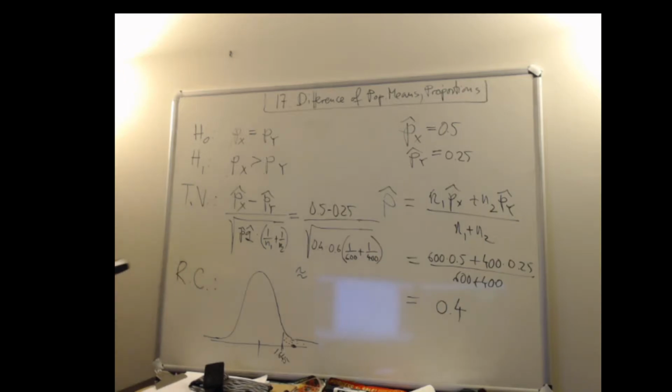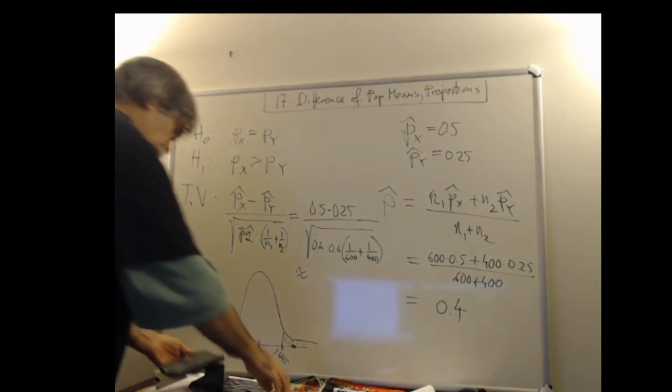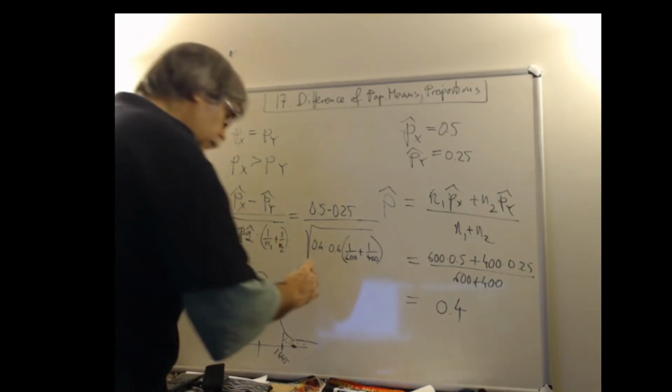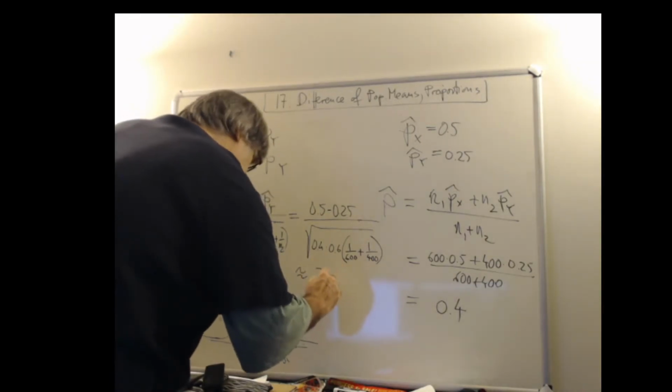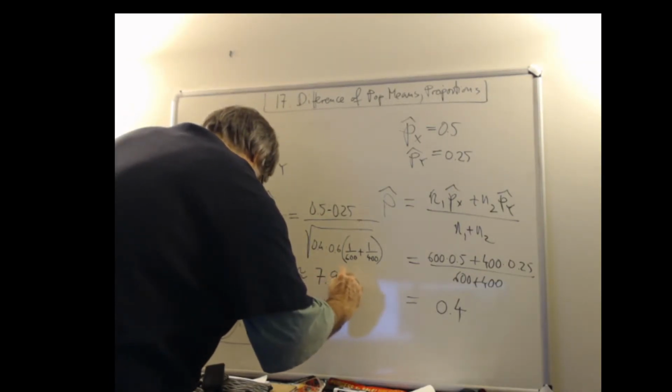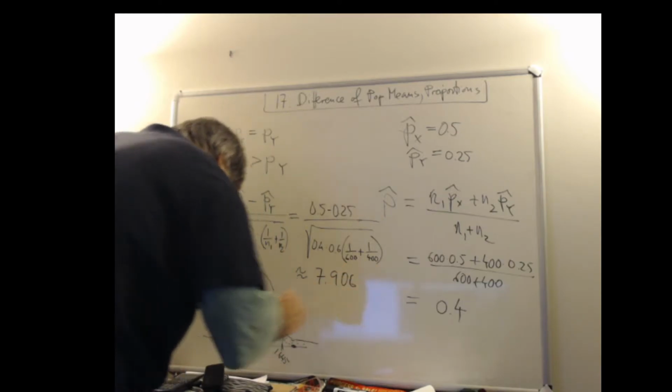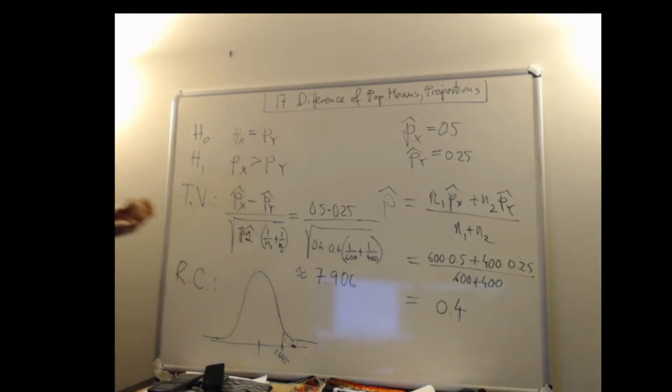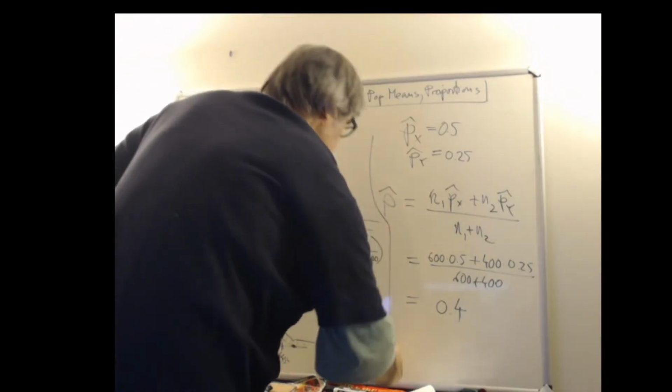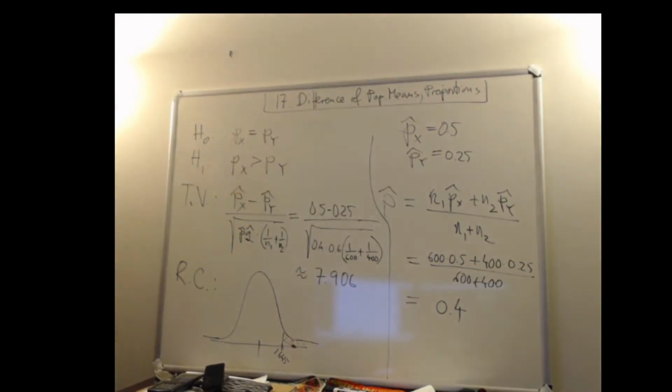One way or the other, somehow you're going to end up with this calculation, and I got approximately 7.906. I'm using 3 decimals. There are more digits to that, but I'm using that not to confuse the different stuff over there.